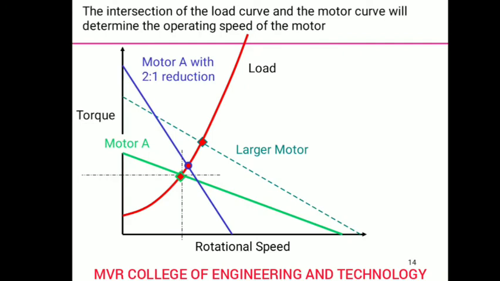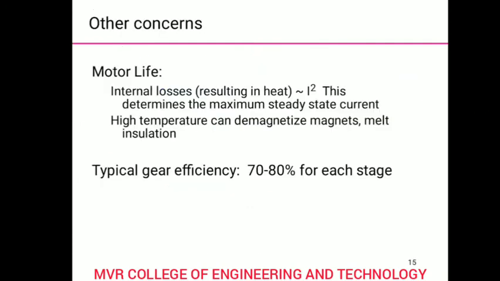So these are all about characteristics. And what is the efficiency and what is the motor life? In any machine there will be internal losses, which are nothing but I square R losses resulting in heat.